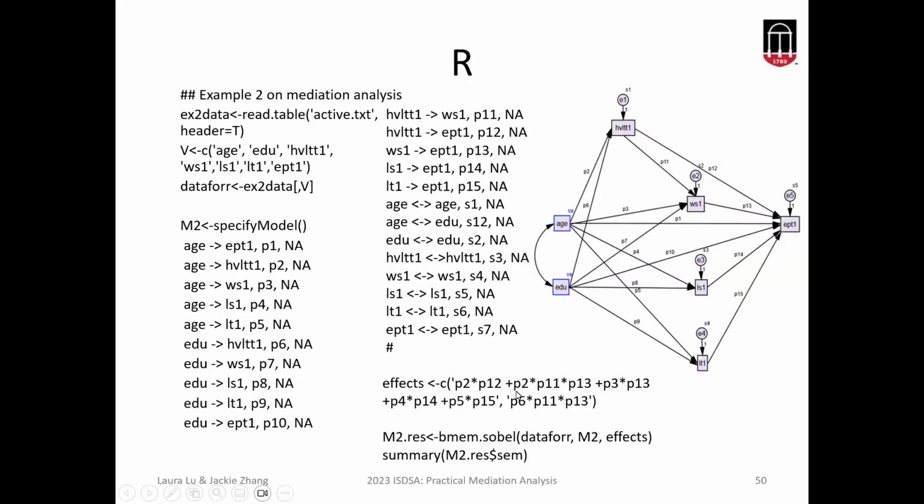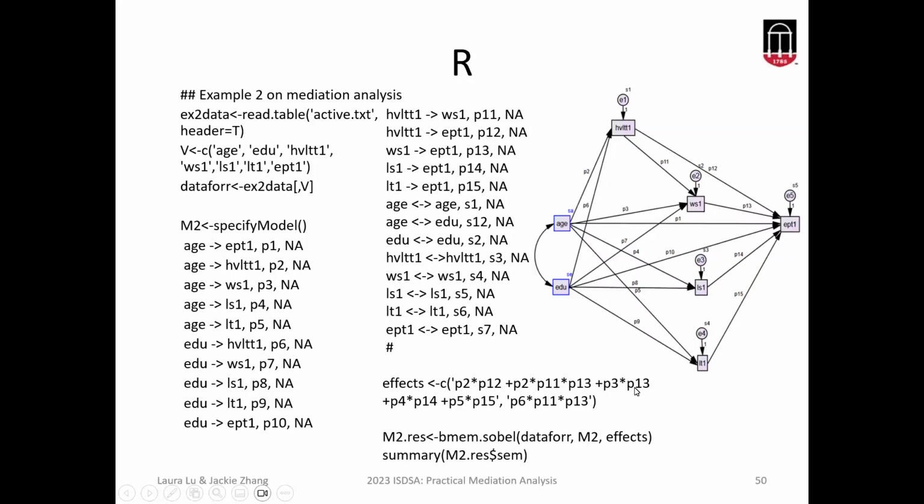But we're gonna continue. So we have the other component, P2 times P11 times P13. What is this? This is another indirect effect. So P2 here, P11, this is P11, and P13. So this describes the mediation effect from H to HVLTT to WS to EPT.